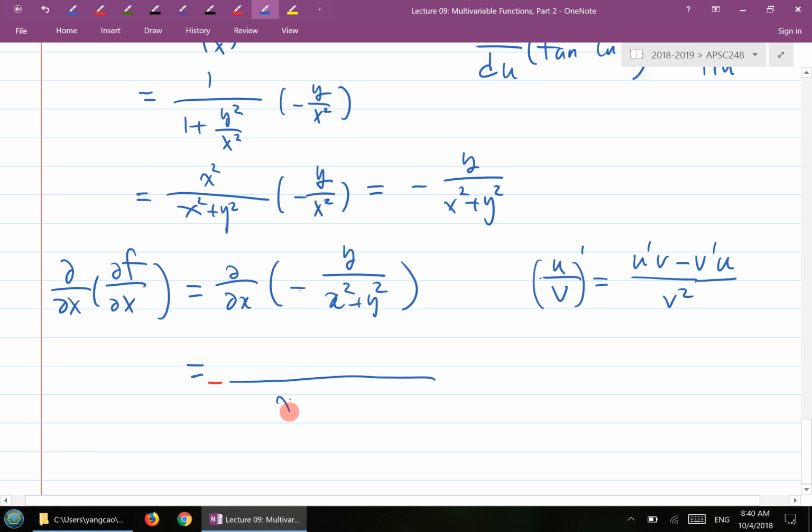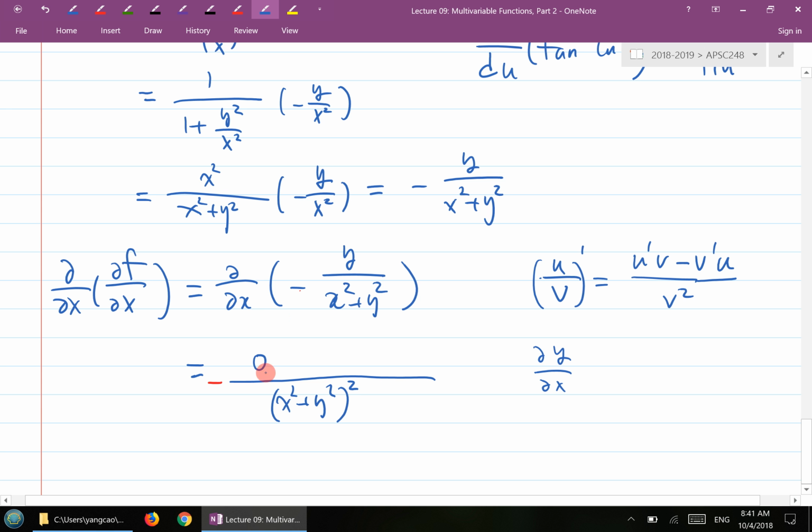Then v squared is x squared plus y squared, squared. u is the y here, so u prime basically means, in this case, the partial of y over the partial of x. So the first term, u prime times v, must be 0, because you're treating y as if it's a constant, and we all know the derivative of a constant is 0. So the partial of a constant with respect to x, of course, is 0 too.